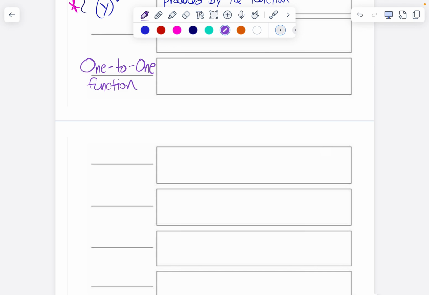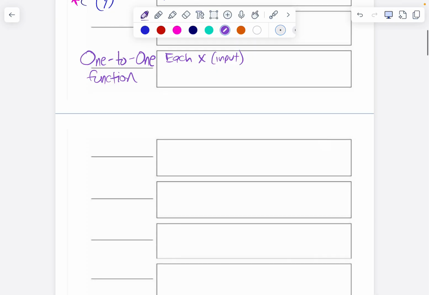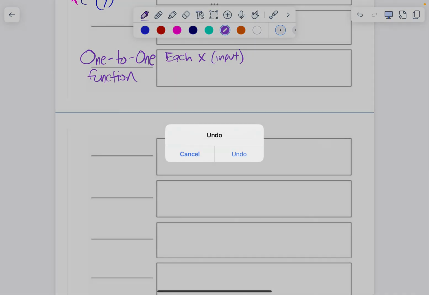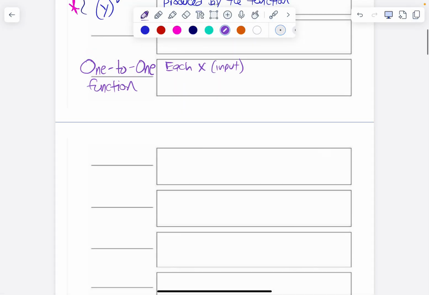All this is, each x or input produces, and here's the keyword, a unique output.